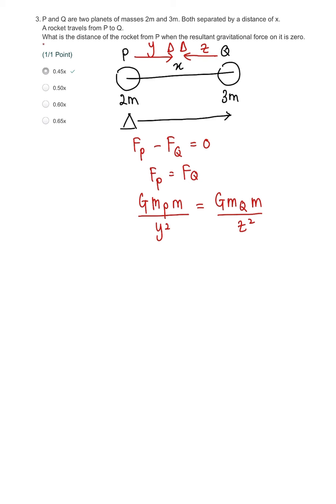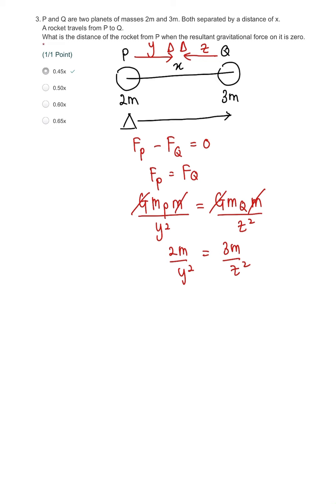So kalau senang kita nak cari ratio, we use another variables. Alright, after that we can cancel out the common terms on both sides. G is common, m is common, and after that we substitute the value of MP. So MP is 2m over y squared equals 3m over z squared.